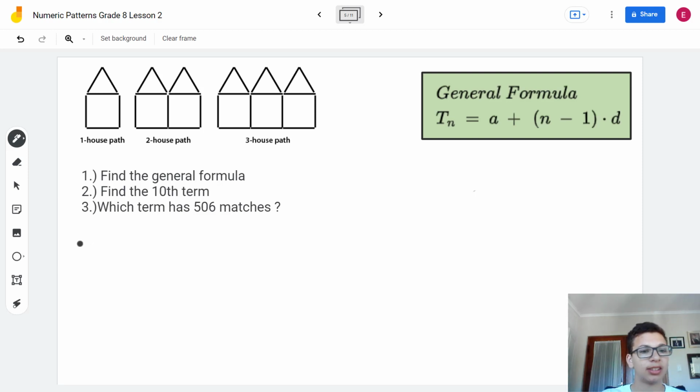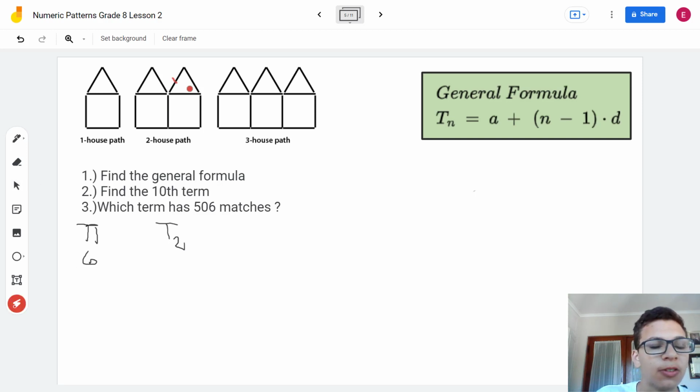Because these are made of matches. So our first one, which I'm going to call T1, because Tn is the nth term. So the first term is 1, 2, 3, 4, 5, 6. So 6 matches.